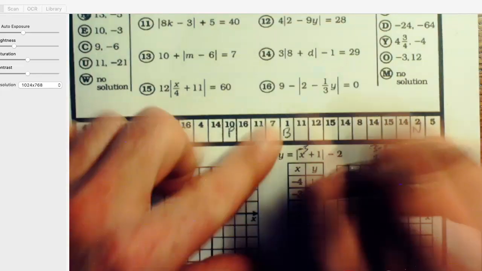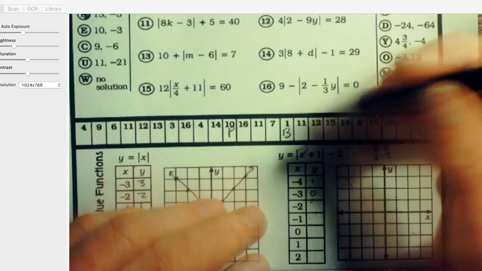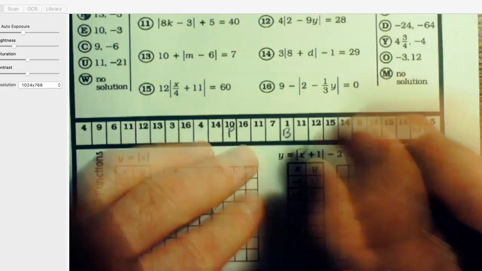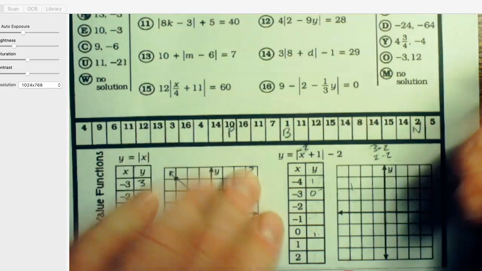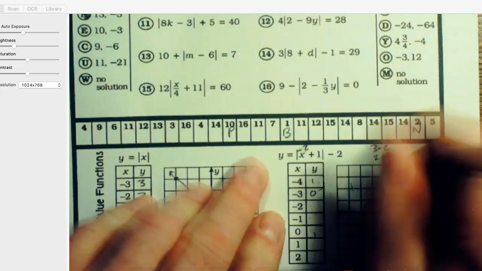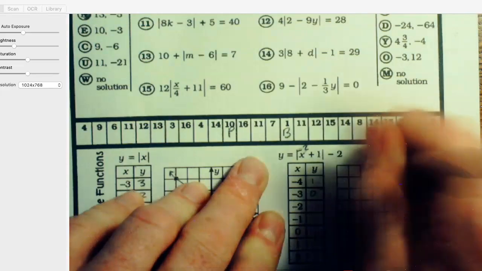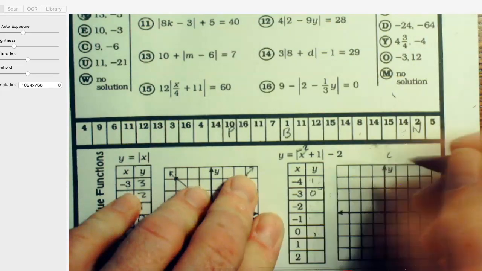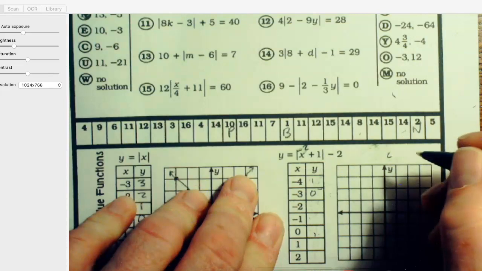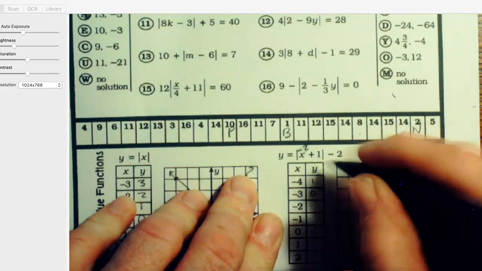Again, put in the absolute value of negative 2. Negative 2 plus 1, that's going to be a negative 1, but it becomes a positive 1 because of the absolute value bars.